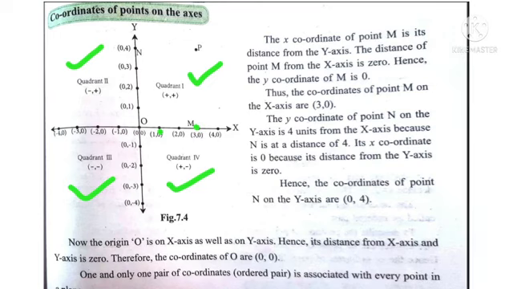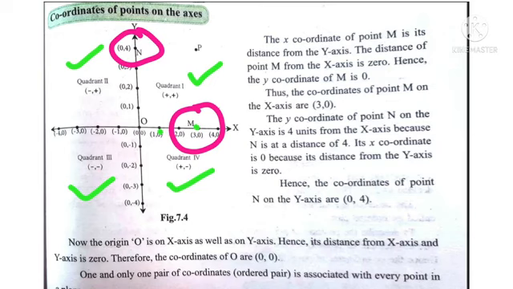You remember this. The coordinate of point M is (3, 0) and the coordinate of point N lies on the y-axis. So its y coordinate is present, the x coordinate is absent, means 0. So write the coordinate of N as (0, 4) and the coordinate of M as (3, 0). Okay.